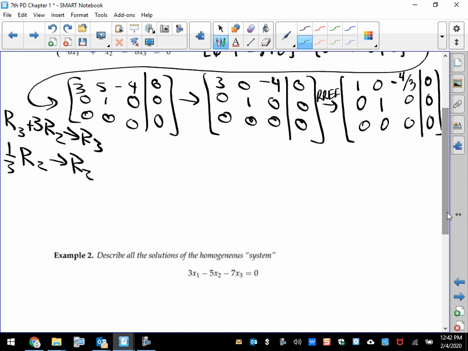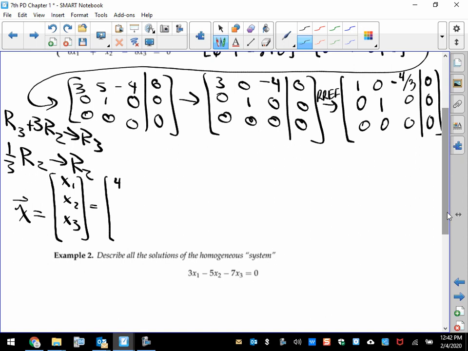Okay, now what? So now let's write our general solution, but I'm going to write the general solution as a vector. So my vector is x1. We have a total of 3 variables, x1, x2, x3. X3 is free. So what we're going to do is write x1 in terms of x3.